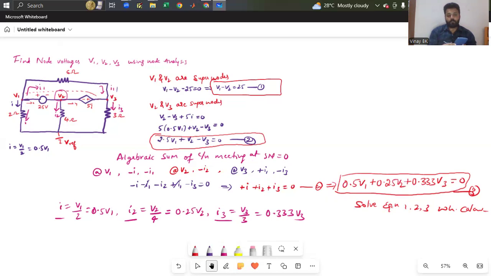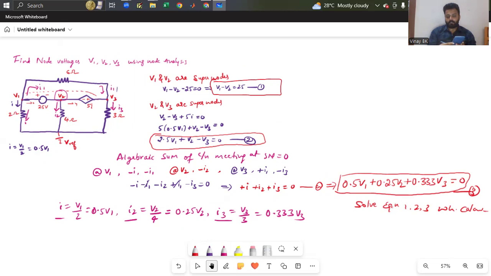So now the first equation is V1 minus V2 equals 25. The second is 2.5 V1 plus V2 minus V3 equals 0.